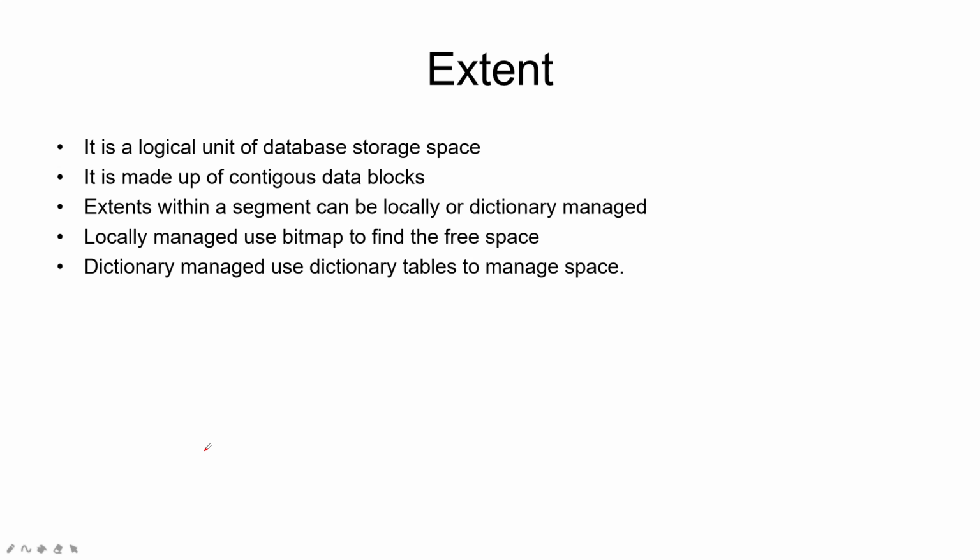Similarly, one or more extents combine to form a segment. When the existing space of a segment is used up, Oracle allocates a new extent or a new segment, right? So it automatically allocates that.